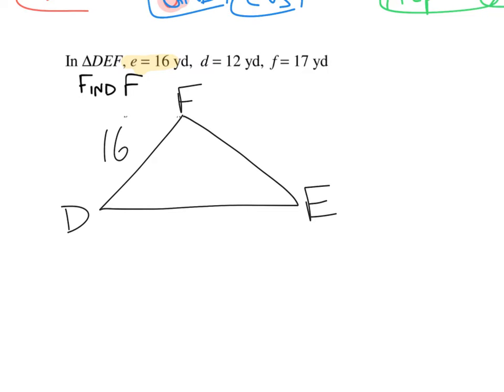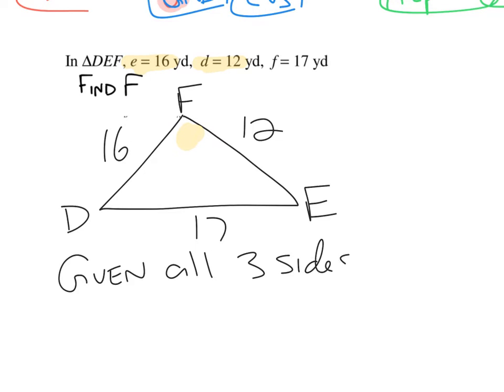It says little d is 12, so we'll find angle D, go directly opposite that side. Label that 12, and little f, so we find angle F, go to the side opposite that, is 17. We have to find angle F.